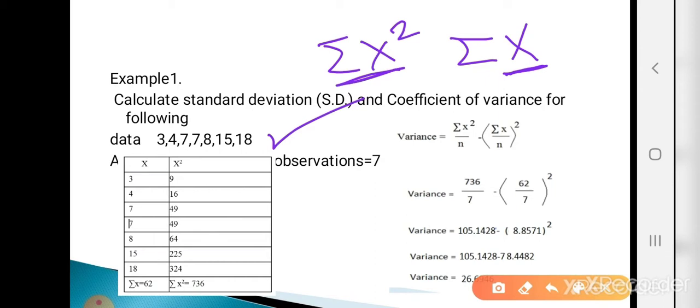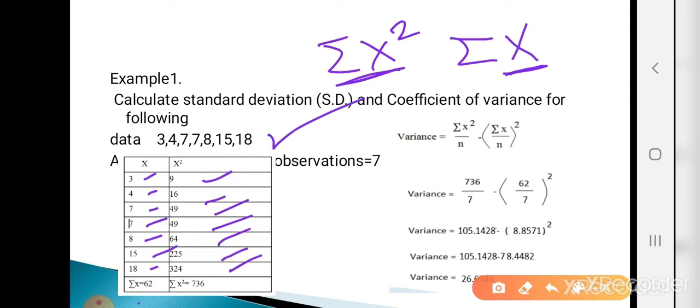So here the x values are 3, 4, 7, 7, 8, 15 and last is 18. Just squaring the values of x: 3 square is 9, 4 square 16, 7 square 49, 7 square 49, 8 square 64, 15 square 225, 18 square 324. We need the total of both columns x and x square.